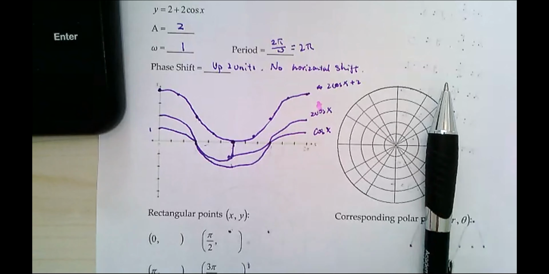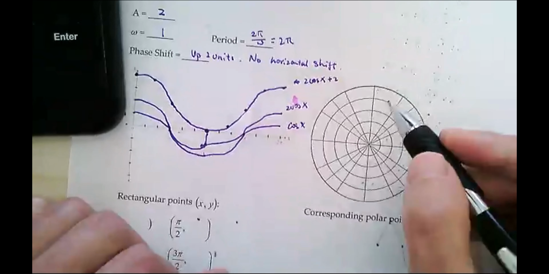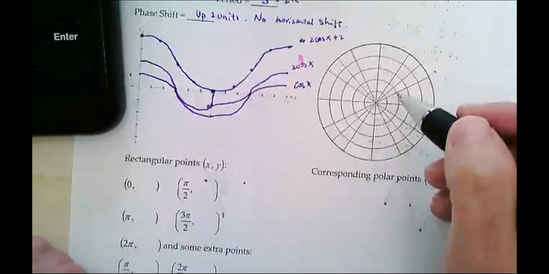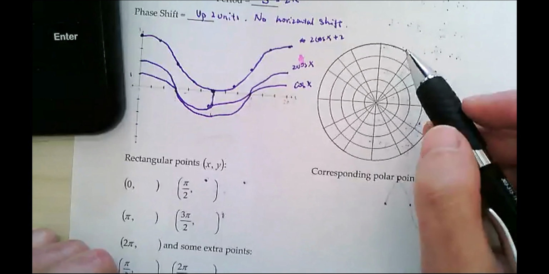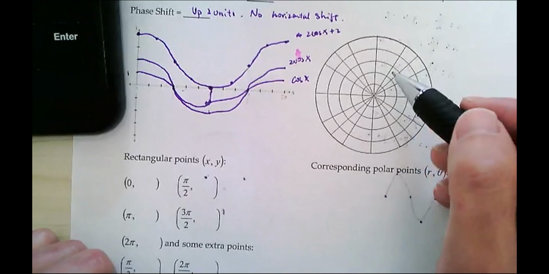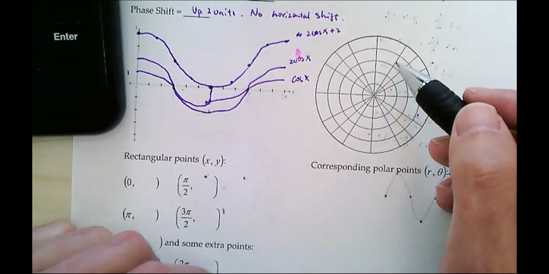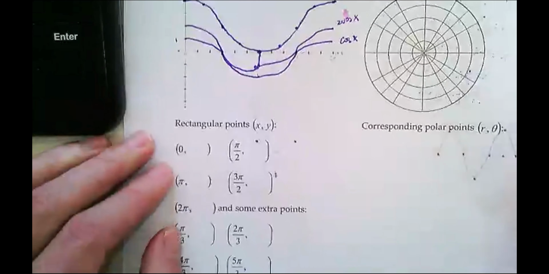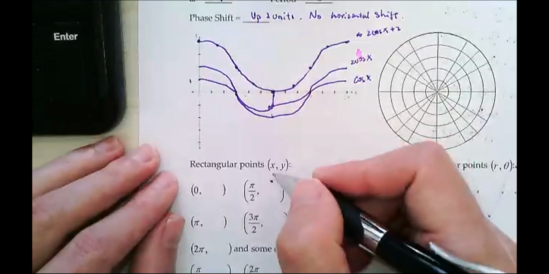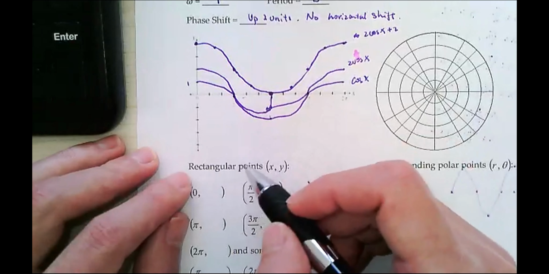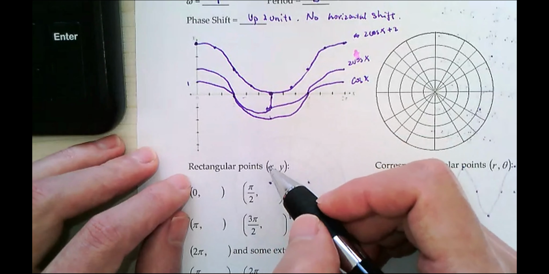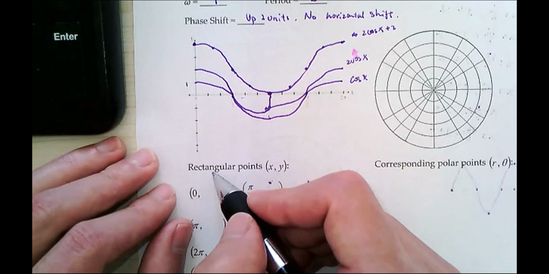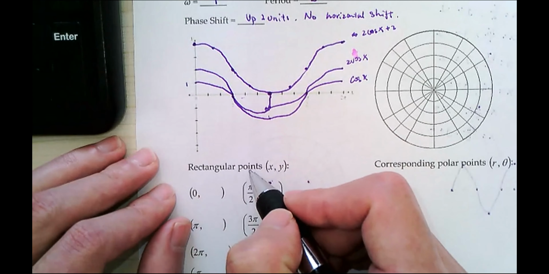Okay, let's continue. So we have to draw it on the polar coordinates. Before we draw on the polar coordinates, we need to make a table. Those were written in terms of x and y, which means they are rectangular points.